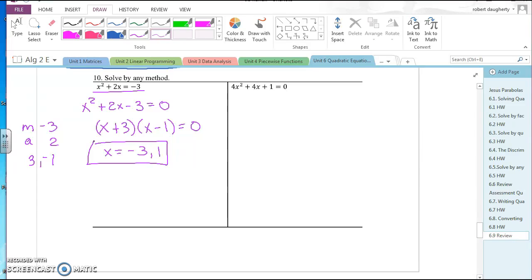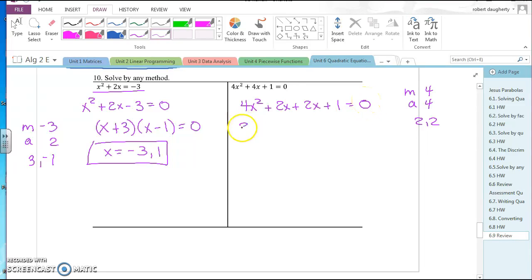Look at the next one. Are there numbers that multiply to 4 and add to 4? So numbers that multiply to 4 and add to 4, that should be 2 and 2. So I could write this as 4x squared plus 2x plus 2x plus 1 equals 0.